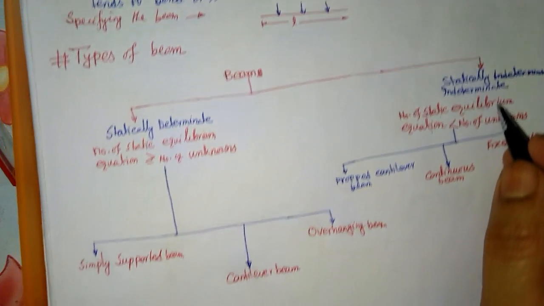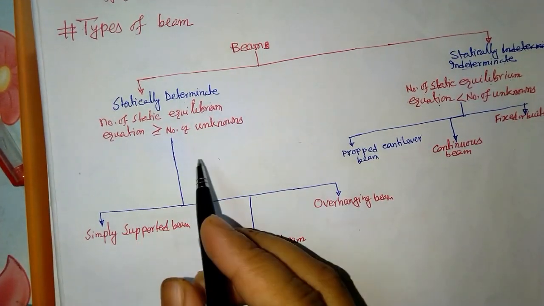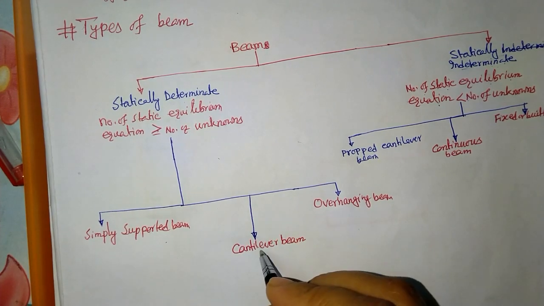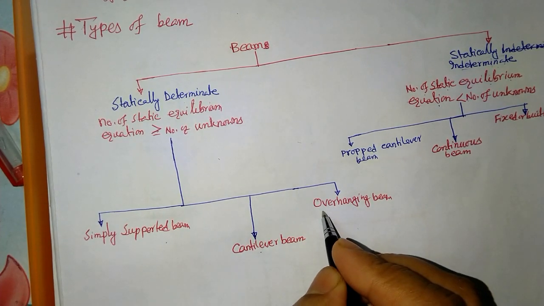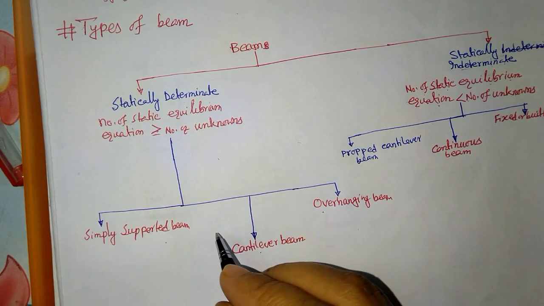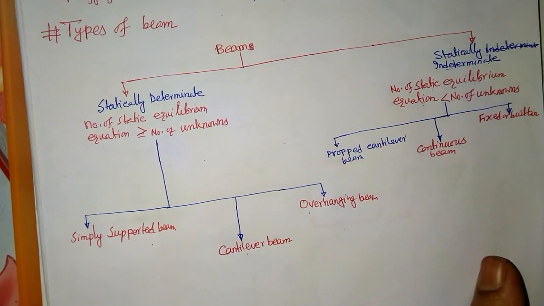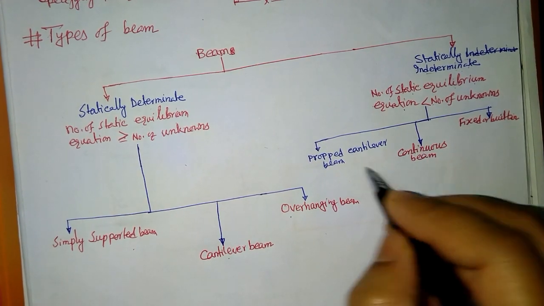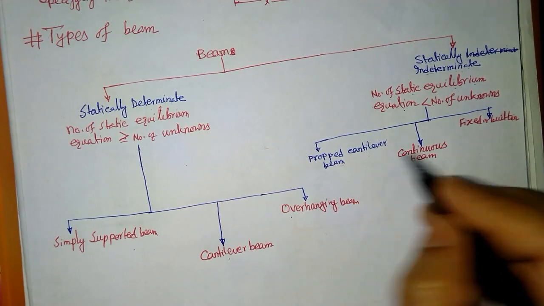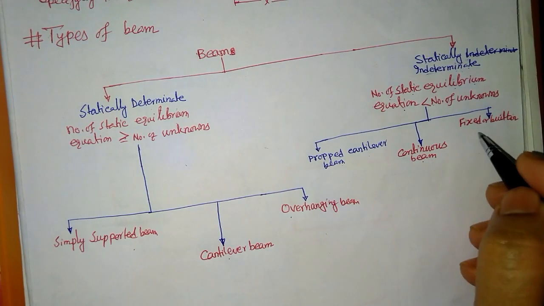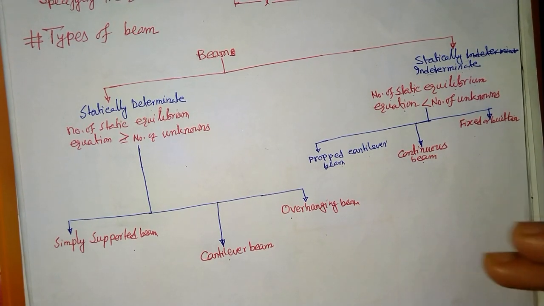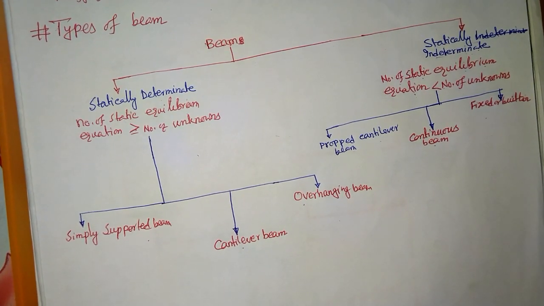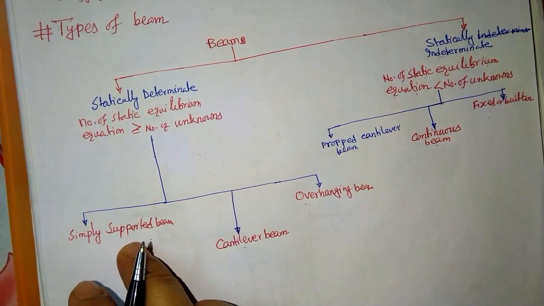Now, under statically determinate beams we have the simply supported beam, the cantilever beam, and the overhanging beam. These three beams come under statically determinate beams. And statically indeterminate beams are the propped cantilever beam, continuous beam, and fixed or built-in beam. Let's see how we define the simply supported beam.